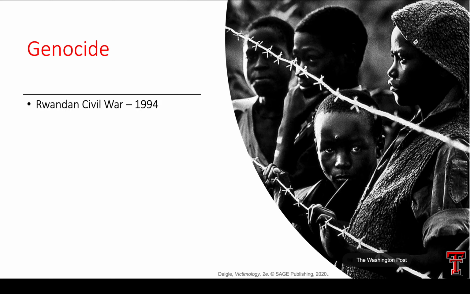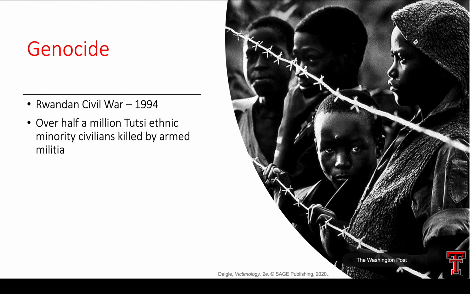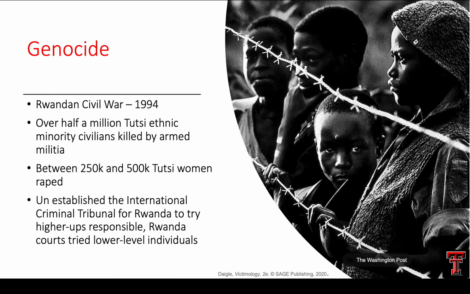Another example is genocide. A good example of this is the Rwandan Civil War in the 90s. Over 500,000 of the Tutsi ethnic minority civilians were killed by armed militia in Rwanda. Between 250,000 Tutsi women were raped.